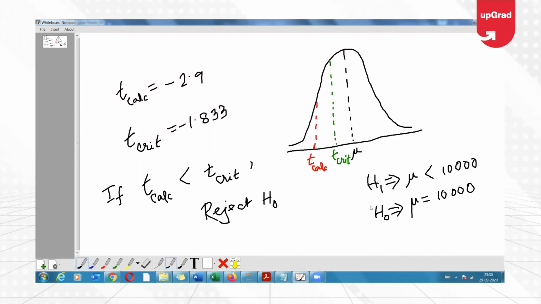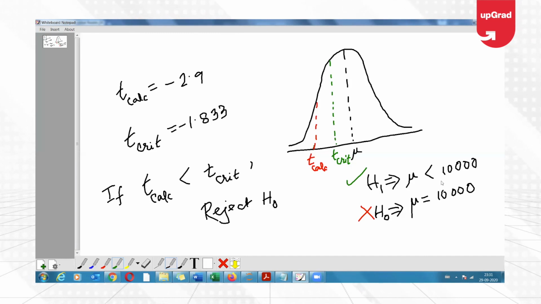So in this case, I can comfortably reject the null hypothesis and I can accept the alternate hypothesis. So here I reject the null hypothesis that people are walking 10,000 steps. That hypothesis is rejected, and the hypothesis that people are walking less than 10,000 steps is accepted.